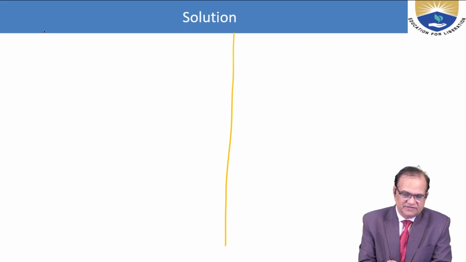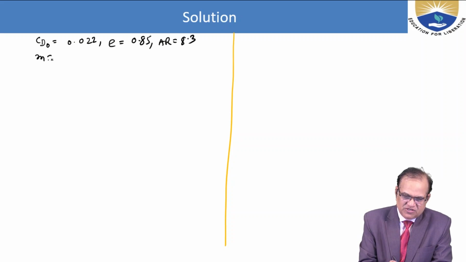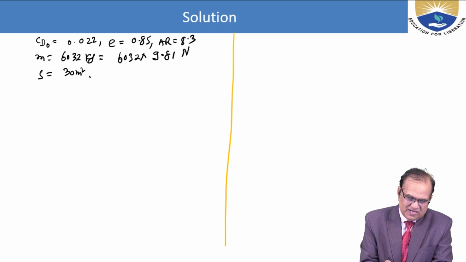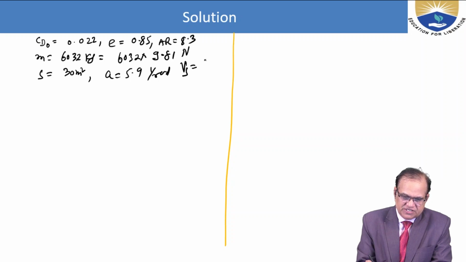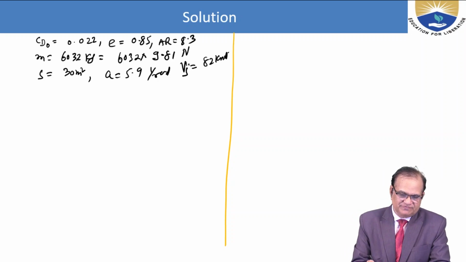Here, if you see, CD naught is given as 0.022, E is given as 0.85 Oswald efficiency, aspect ratio is 8.3, mass M is equal to 6032 kg or 6032 into 9.81 Newton, area is equal to 30 meter square, A is equal to 5.9 per radian, stall speed is 82 knot. Okay, so we have to find out how much maximum thrust is required.